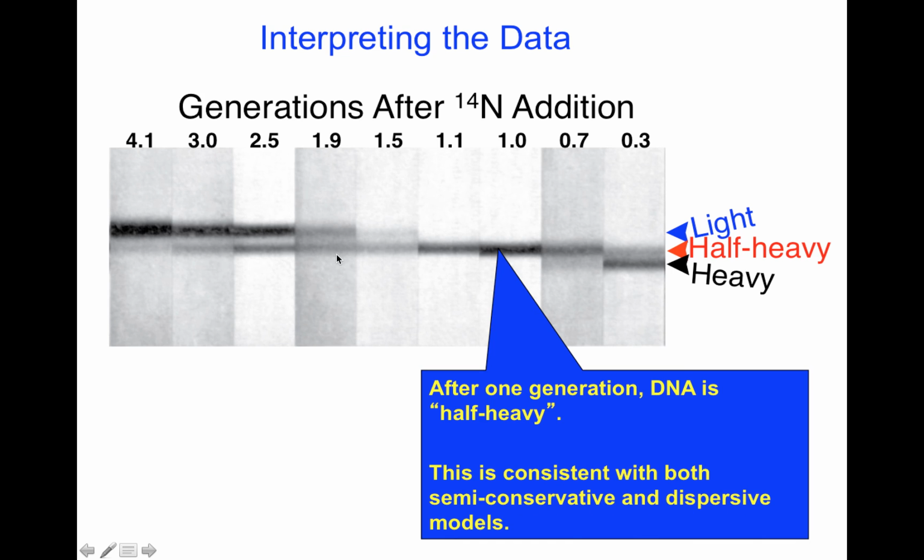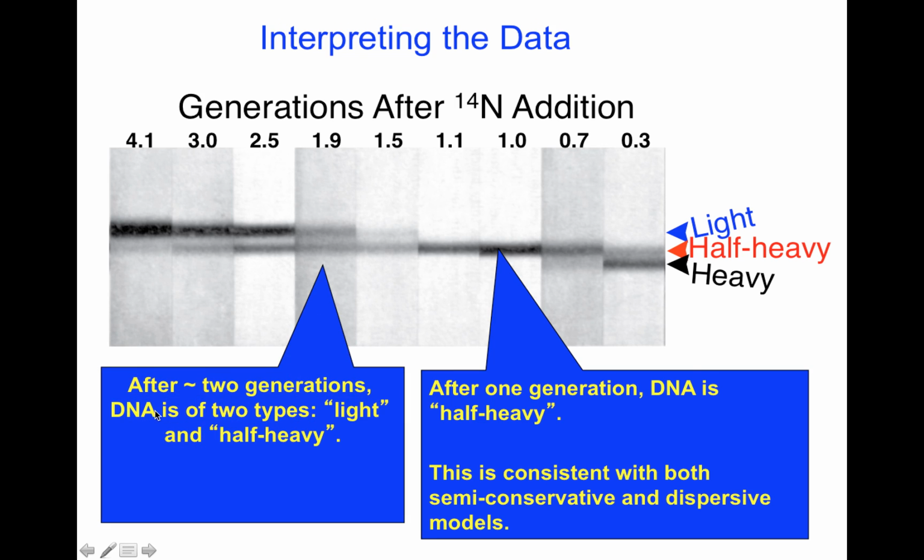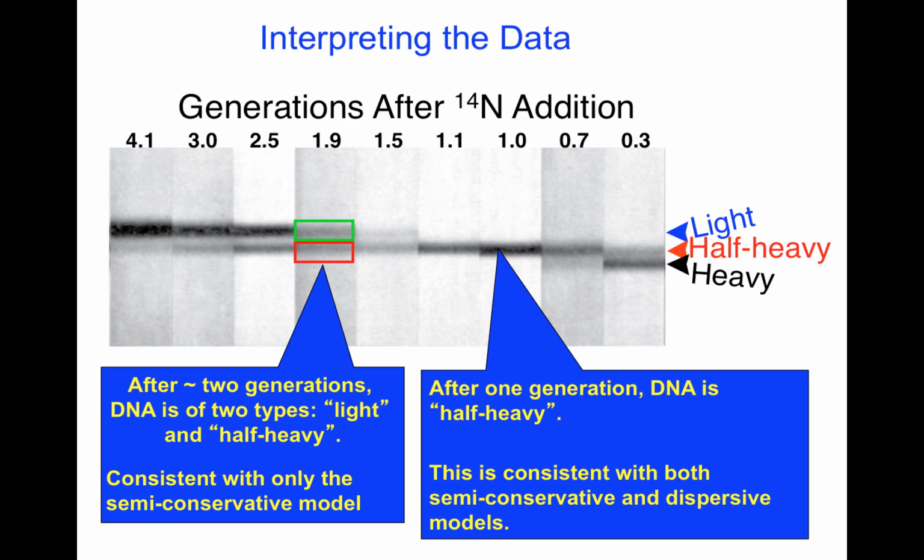However, after 2 generations, the DNA is of 2 types, light and half-heavy. That is only consistent with the semi-conservative model. And so Meselson and Stahl were able to rule out both the conservative model and the dispersive model and showed that the mechanism of DNA replication is consistent with the semi-conservative model of DNA replication.